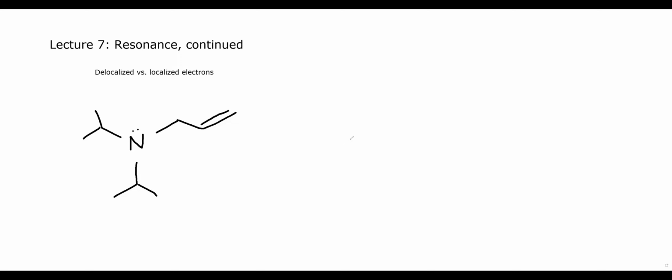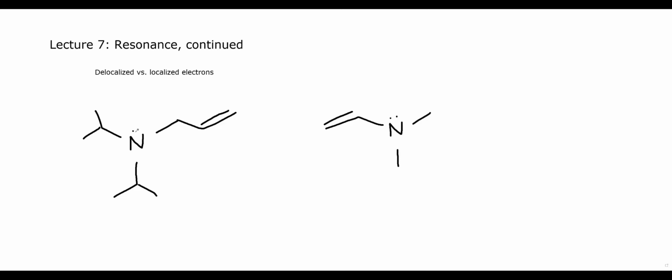Okay, let's draw that, and we will also draw this. Now, we should be able to understand which pair of electrons, the left or the right, which nitrogen's electrons are localized and which ones are delocalized.